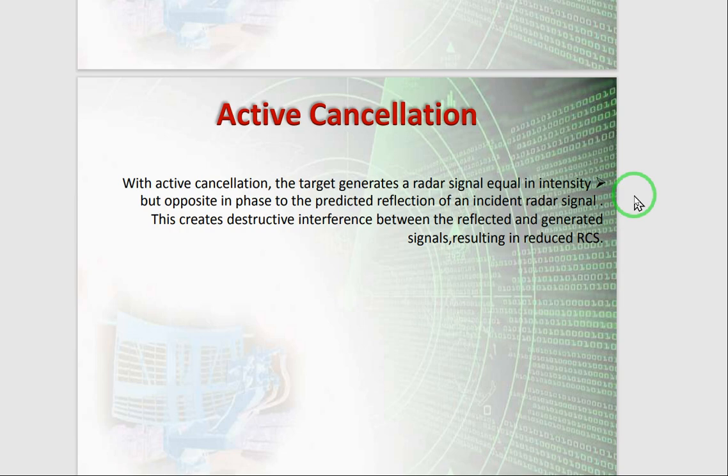This is done in order to cancel out the incoming radar signal, and when they interfere, they create destructive interference, and the radar doesn't get any signal reflected. So this is the active cancellation used in stealth technology in order to avoid detection.